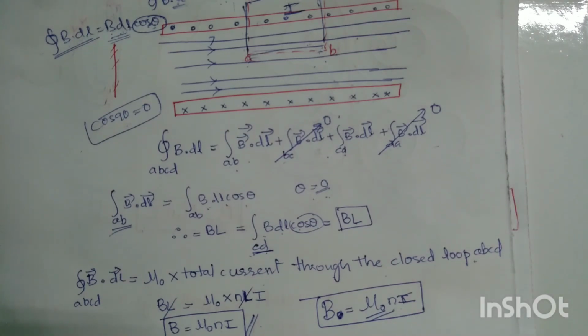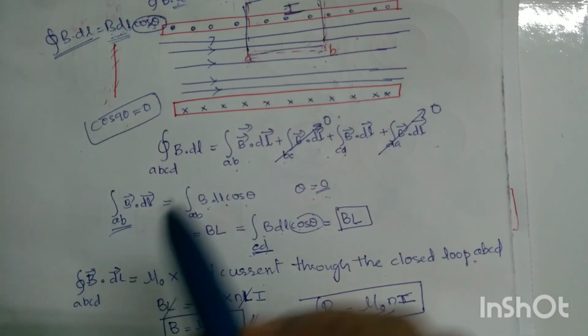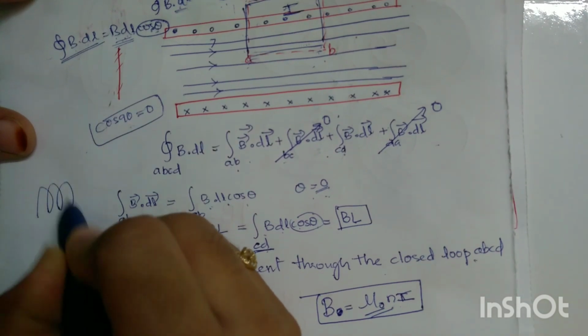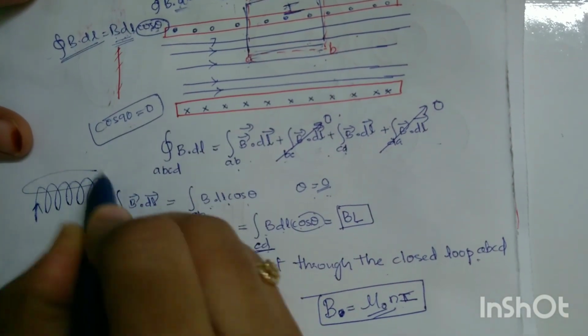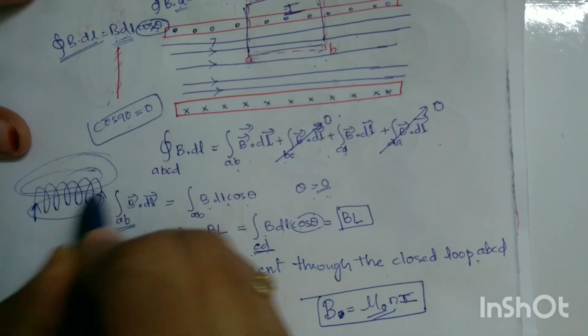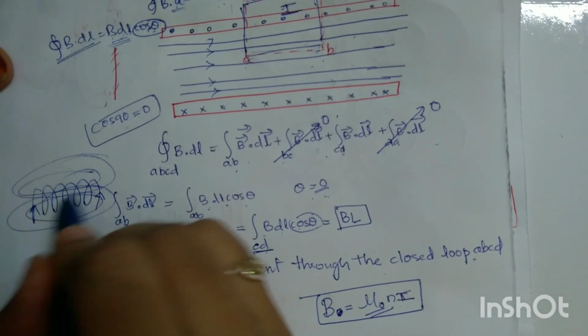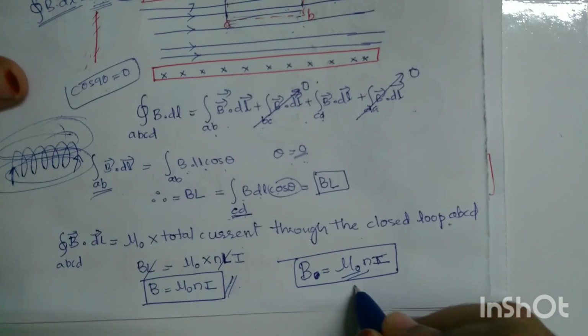So a solenoid is nothing but long, closely lying circular loops, through which the current passes. If current is passing through this wire, then it will produce a magnetic field around it, and that magnetic field is given by mu naught n I.